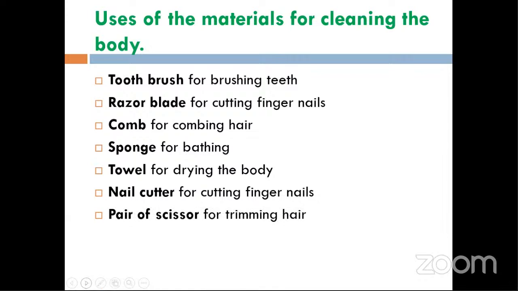We also have the pair of scissors. For us in the village, those days we could use the pair of scissors for trimming hair. We don't use the machine. Especially for children like you, they just use the pair of scissors to cut the hair.